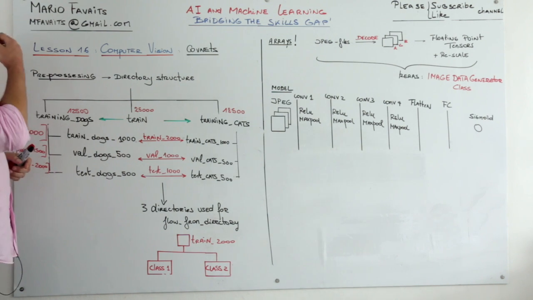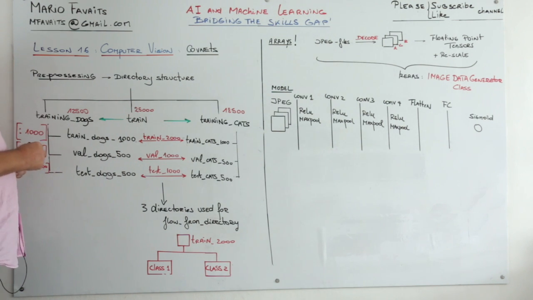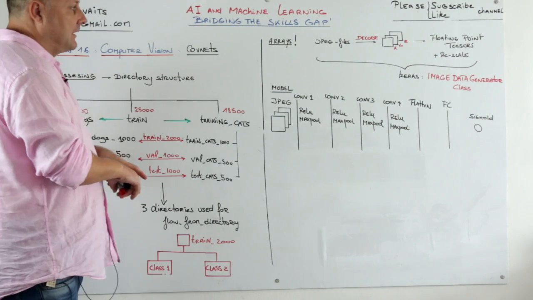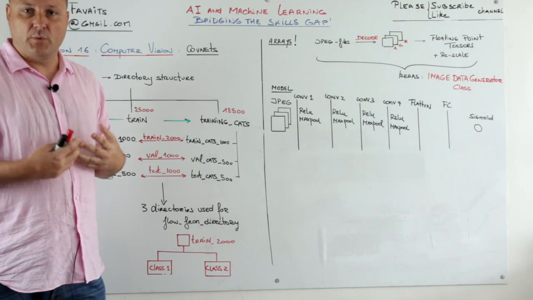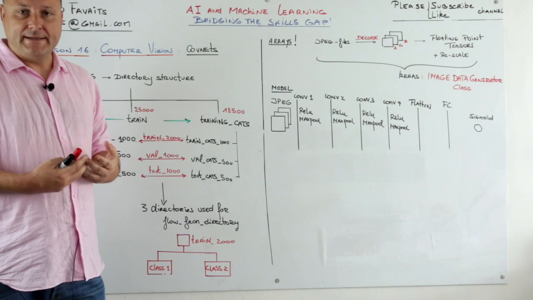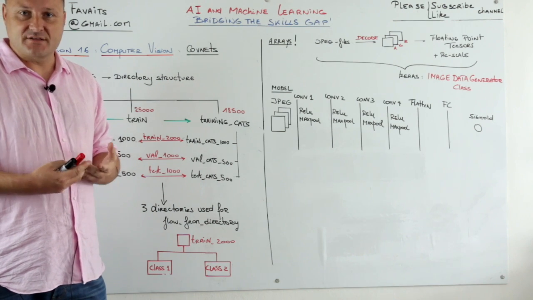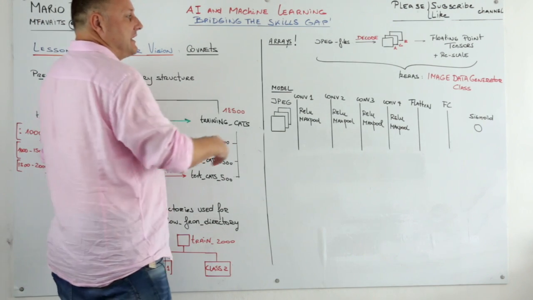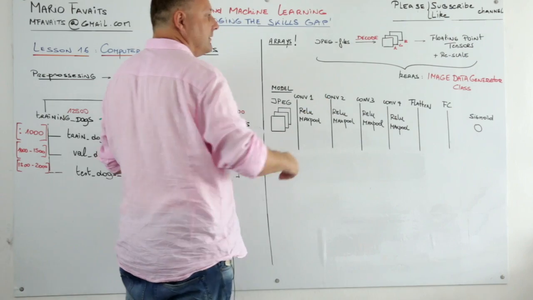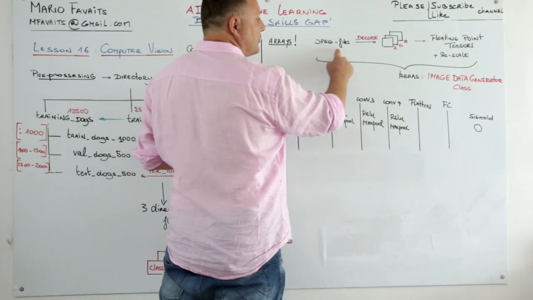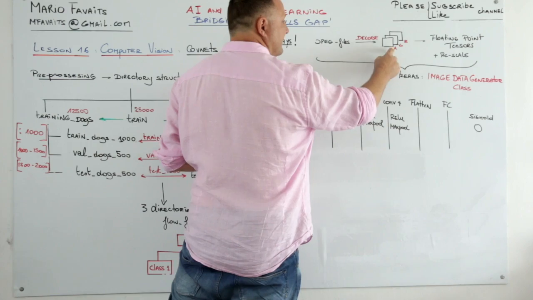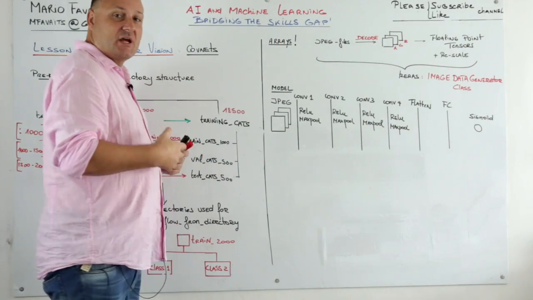Now, one of the issues we need to deal with is that what we have are directories with JPEG files, but we know that TensorFlow needs blocks of numbers, tensors, to work with. So we need to convert these files into numbers. First thing we're going to do is decode these files into their RGB channels.